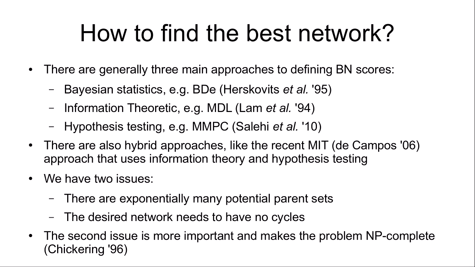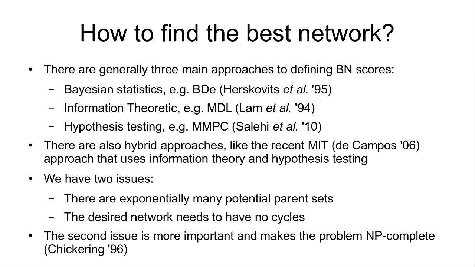Unfortunately, there are several ways of scoring those networks. I won't go into details. There's a lot of literature about that, but most of them are based either on Bayesian statistics or on hypothesis testing.